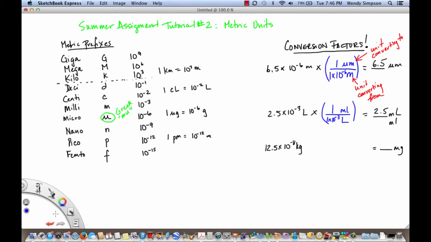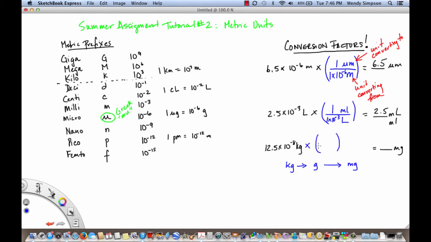And I want to go from kilograms to milligrams. So before I do anything, what you really should do in this type of problem, or any conversion factor really, is think, okay, what are the steps that I'm going to need to take to go from one unit to the other? So here I have kilograms. It's probably easiest to go from kilograms to grams, and then once I'm in grams, then I can go to milligrams. So this is a 2-step problem.